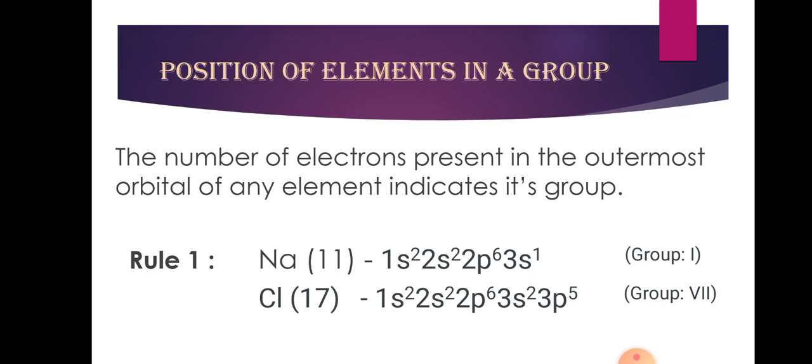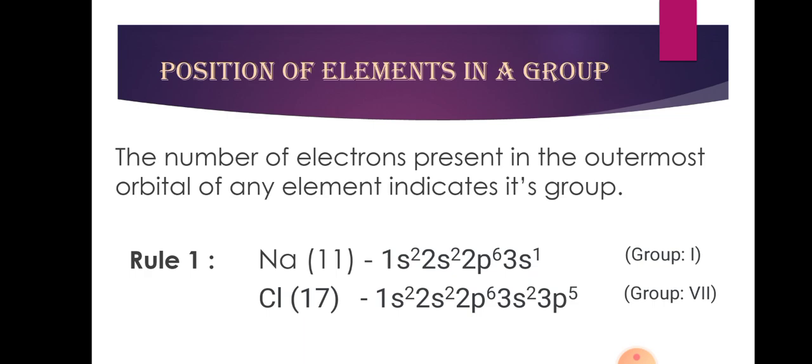And the number of electrons present in the outermost orbital of any element indicates its group. I repeat it again, the number of electrons present in the outermost orbital of any element indicates its group, and there are some rules for identifying the groups.